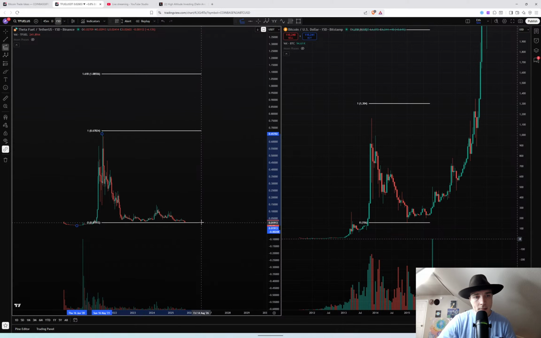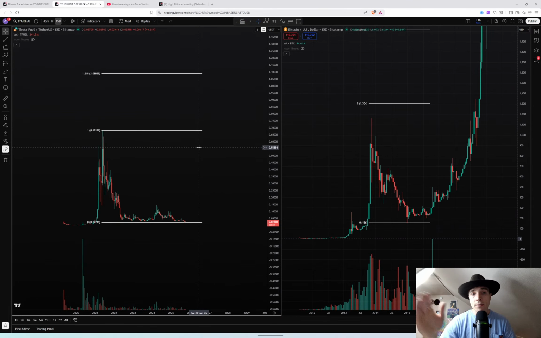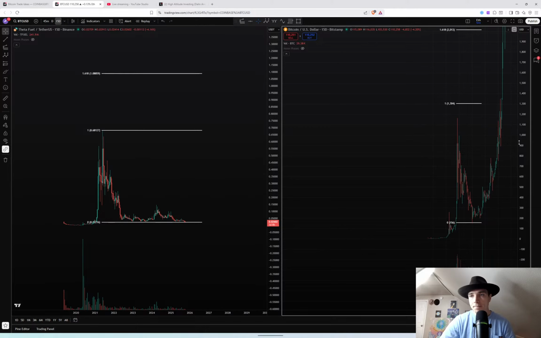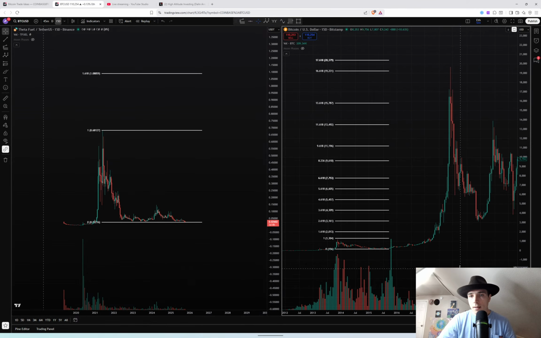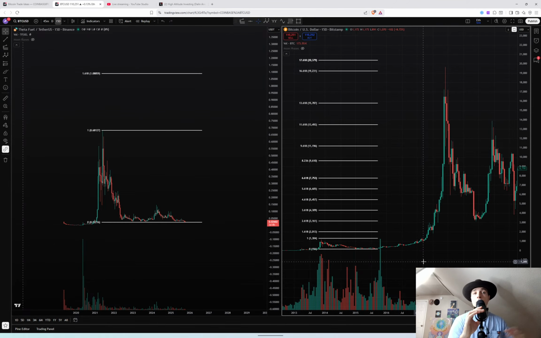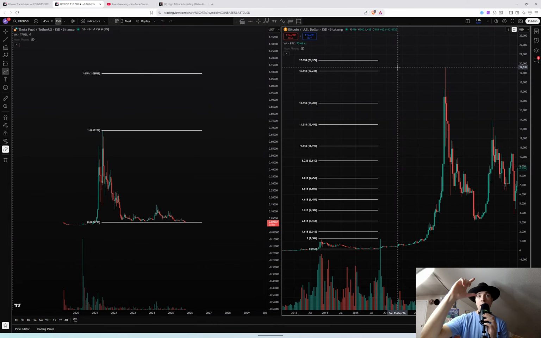So if we measure targets on Bitcoin, and then we measure targets for T-Fuel, our target on Bitcoin for a 2017-like run, for a big bull market like we saw in 2017, was the 16618 Fibonacci extension. From the bottom of the cycle to the top and back down to the bottom, it went all the way to the 16618 of its last cycle. So measuring the height of the last cycle, it did 16 times the height of its previous cycle, extended 16 times.